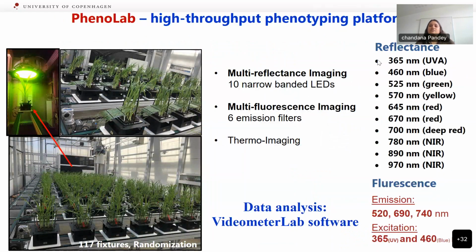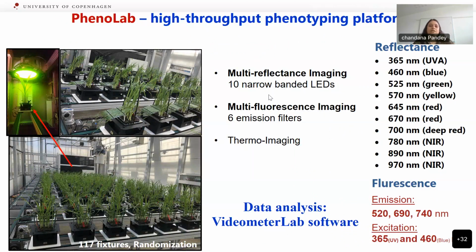Okay, so within this phenotyping facility, what do we measure? These LED lights can measure different reflectance wavelengths, and that is the goal here, to connect the specific signature of these reflectance wavelengths to the physiological parameters related to the enzymes or to the molecular parameters.